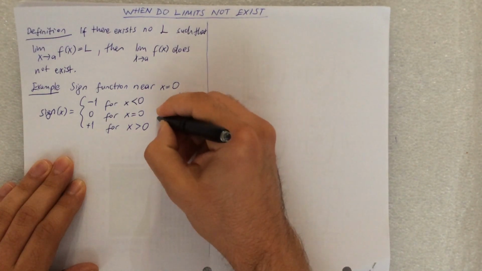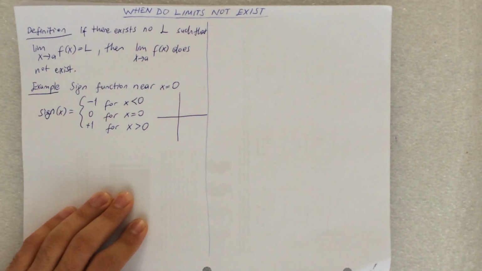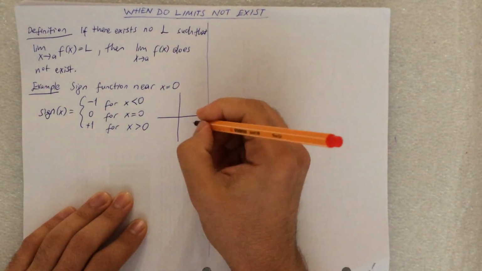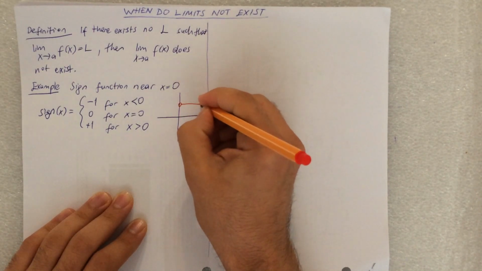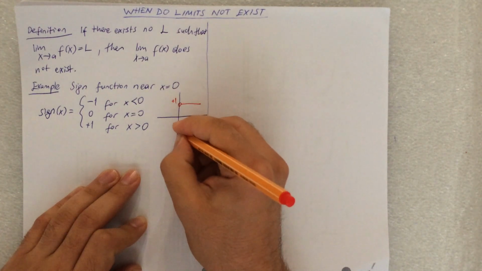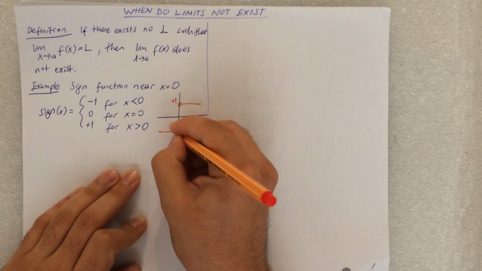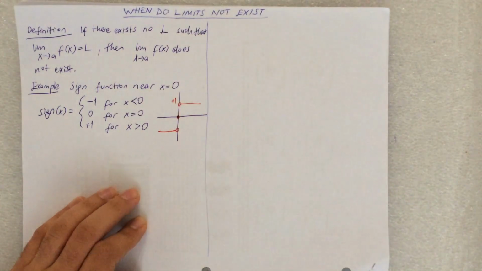So if we plot this function, it is going to be something like this. For positive values, we have +1. For negative values, we have -1. And for 0, we have 0.